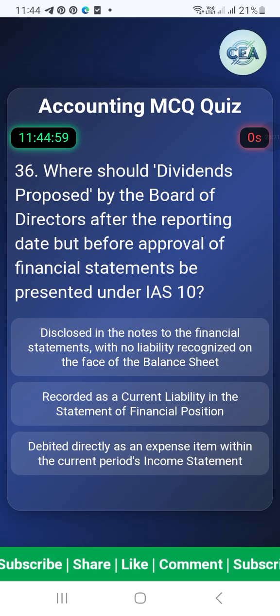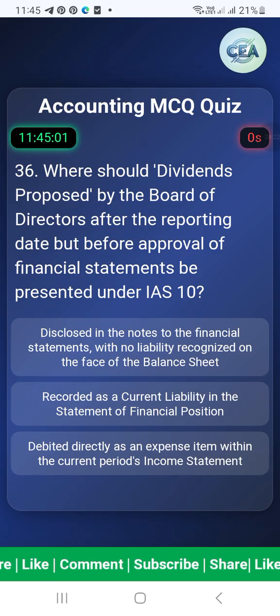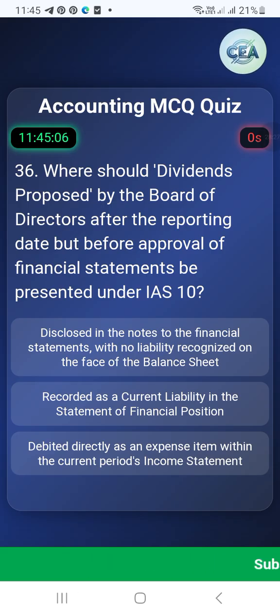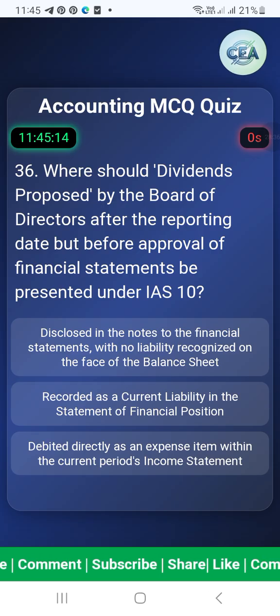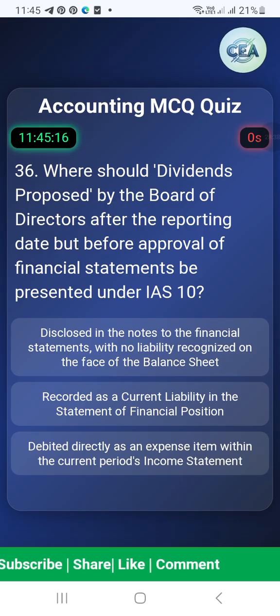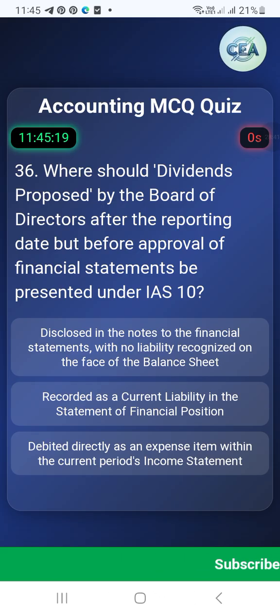36. Where should dividends proposed by the Board of Directors after the reporting date but before approval of financial statements be presented under IAS 10? Option 1. Disclosed in the notes to the financial statements, with no liability recognized on the face of the balance sheet. Option 2.